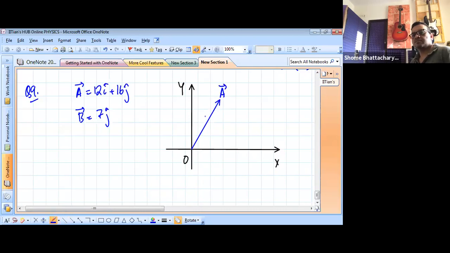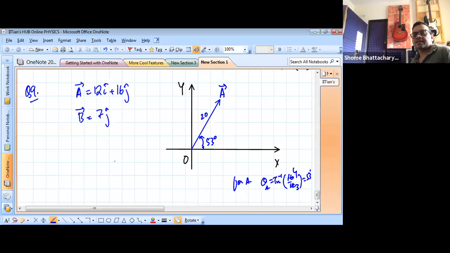Its magnitude is going to be 20, but this angle is going to be 53 degrees, because for A, theta with respect to the x-axis is tan inverse 16 by 12, or 4 by 3. So that's 53.